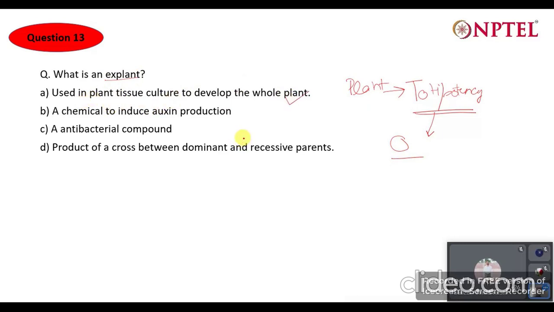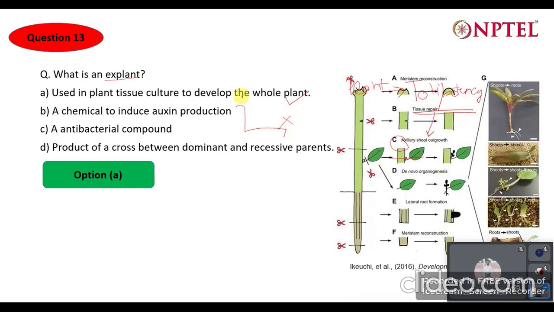This is the correct answer, and all the other three are not correct. This can be explained with this figure. If we cut a meristem, then it will be regenerated, and the same is the case with any other wound in the tissue, which will also repair itself.